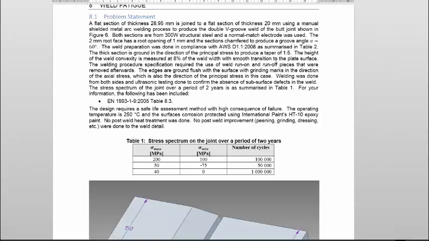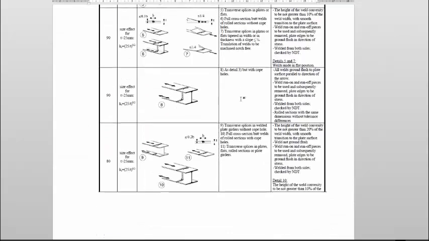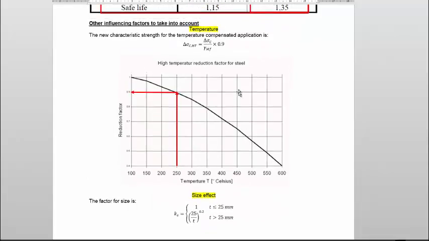The smooth transition to the plate surface, that's what we have. The welding process can run on and run off. The edges ground flush in the direction. So yes, we don't have any additional effects to consider in this case. So those are the only two influencing factors that we have.